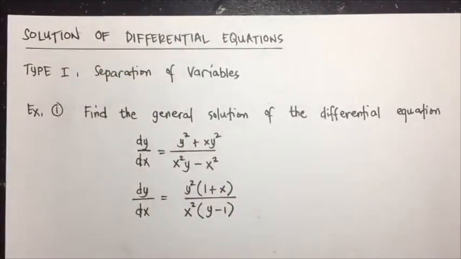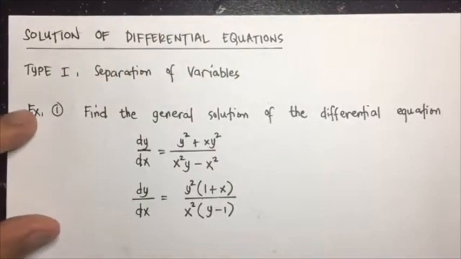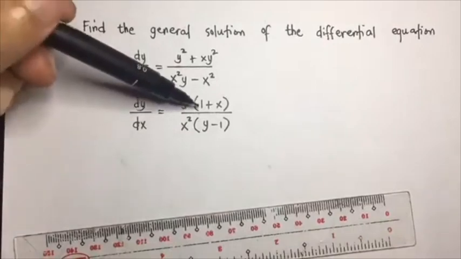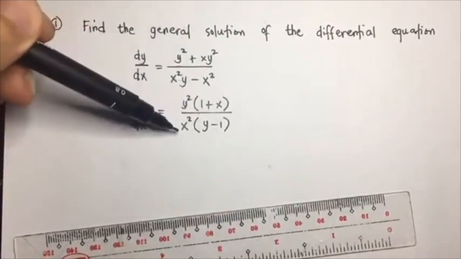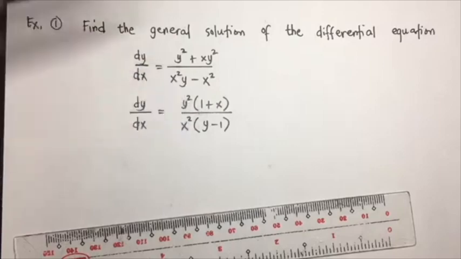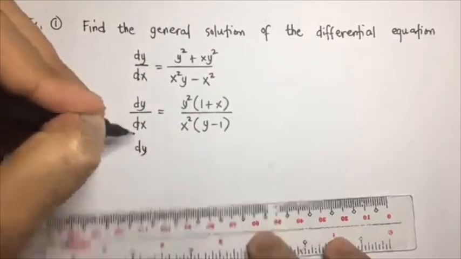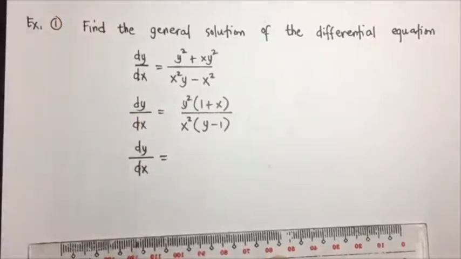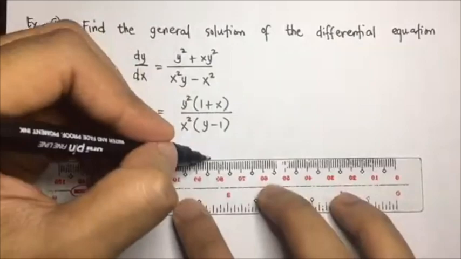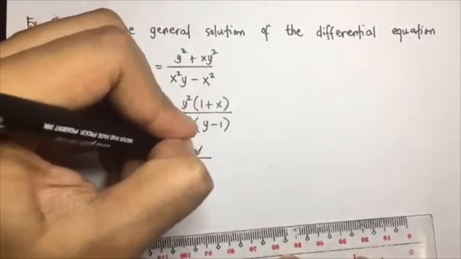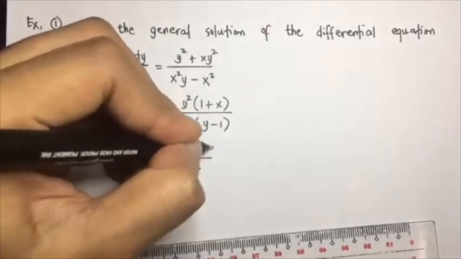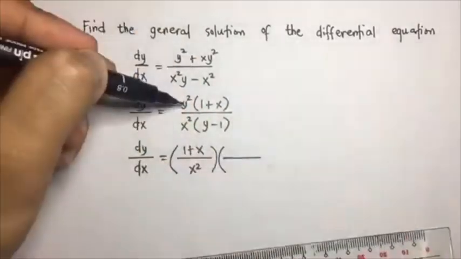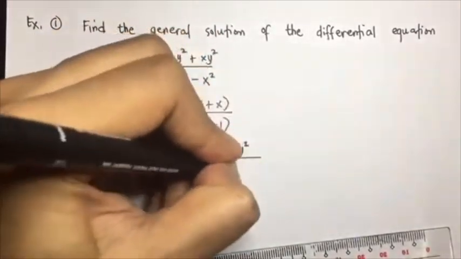With that we can now separate. We can group 1 plus x over x squared and y squared over y minus 1. So we'll have dy over dx is equal to 1 plus x over x squared multiplied by y squared over y minus 1.